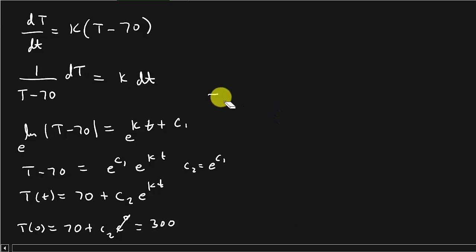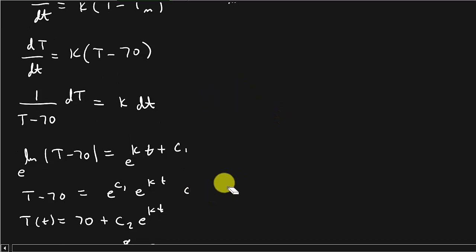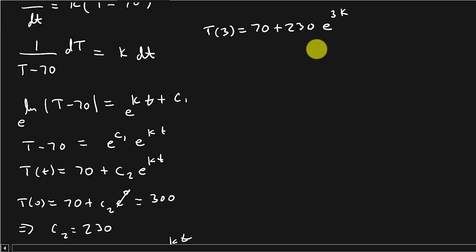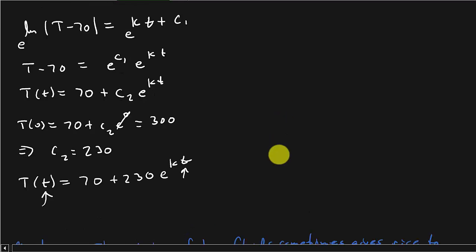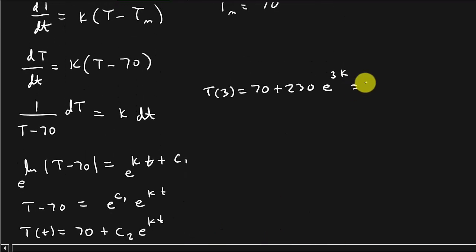All right, so let me come up here and do that. I'm going to erase some of this. So T of 3 is equal to 70 plus 230 e to the 3K. So we're plugging 3 in for little t here. And that should equal 200. So I've got this equation here I can solve.